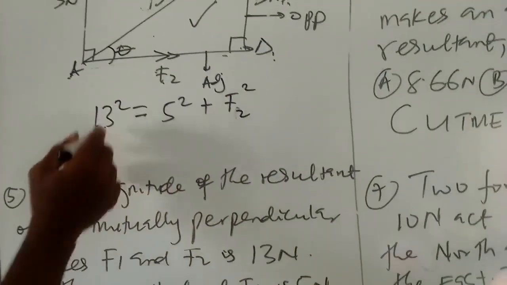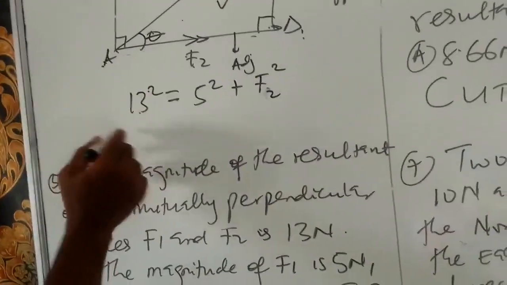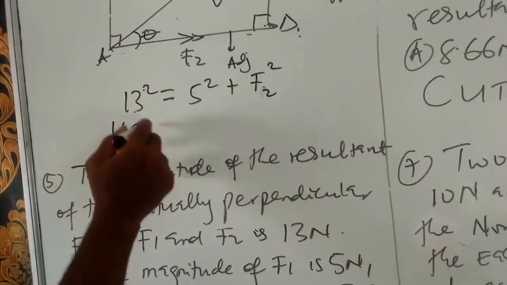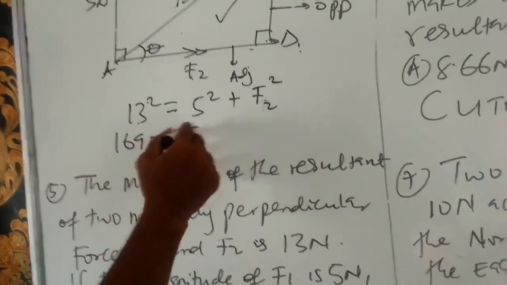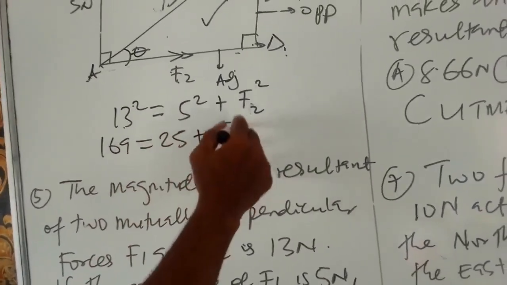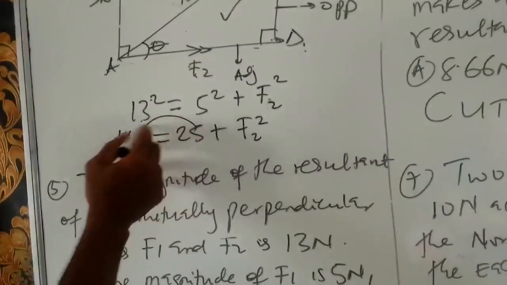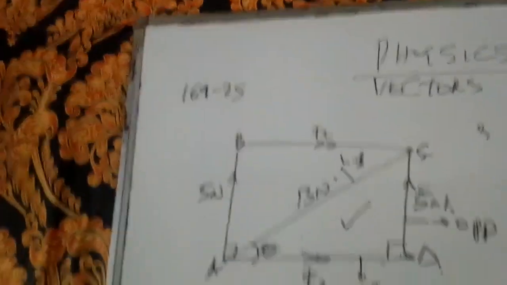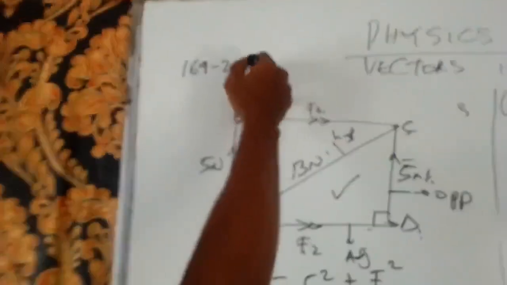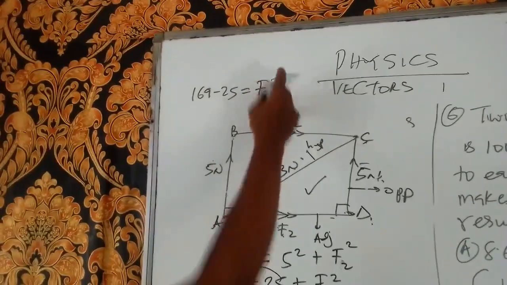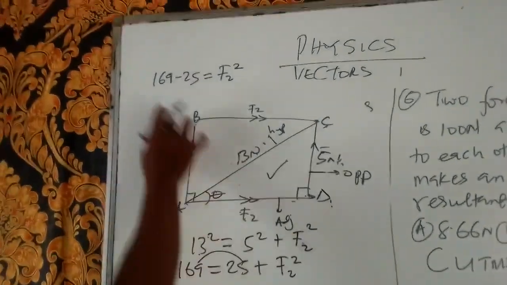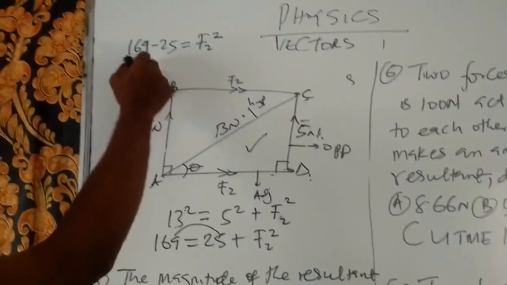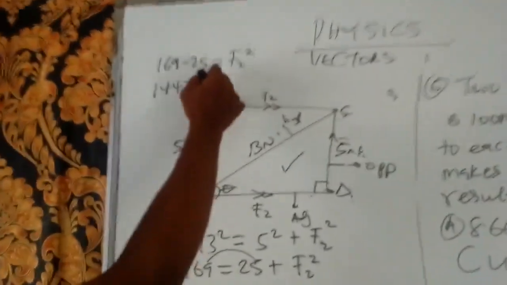So now 13 squared is 169, 5 squared is 25, plus F2 squared. Collecting like terms, crossing over, 169 minus 25 equals F2 squared. If you subtract, we have 144 equal to F2 squared.